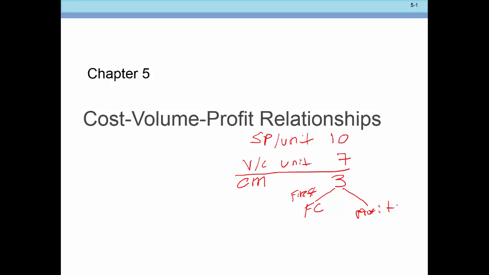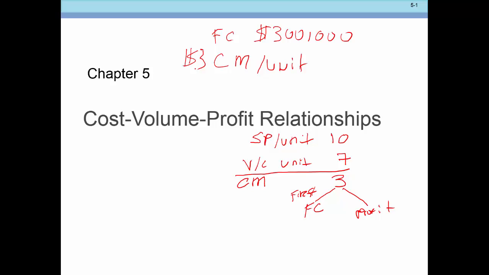If this company had a fixed cost of, say, $300,000, and we have a contribution margin per unit of this $3, the question becomes how many units would they have to sell to break even?